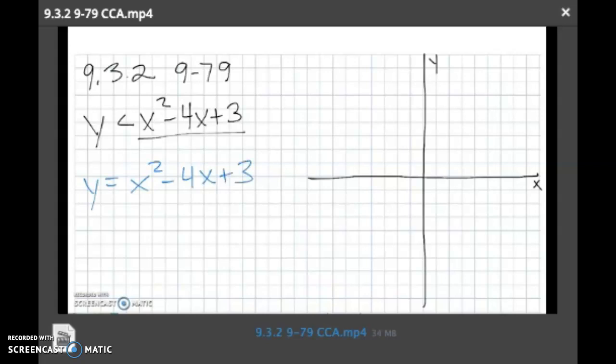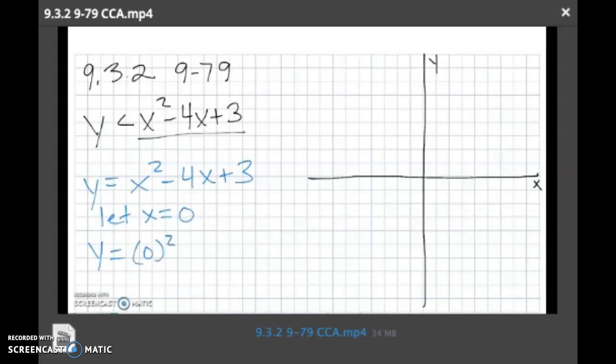Right away, I can find my y-intercept. Hopefully you remember the shortcut for that. The y-intercept is where your x value equals 0, so it's just the number of ones in your equation when it's written in standard form. If you don't remember that, we let x equal 0 and then solve for y.